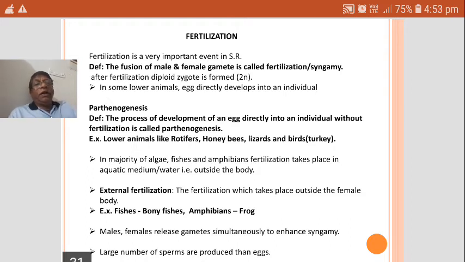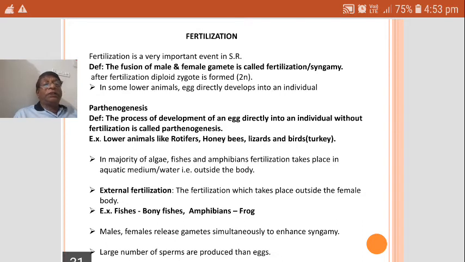Next, in majority of algae, fishes and amphibians, fertilization takes place in water. Okay, that is aquatic medium, outside the body.